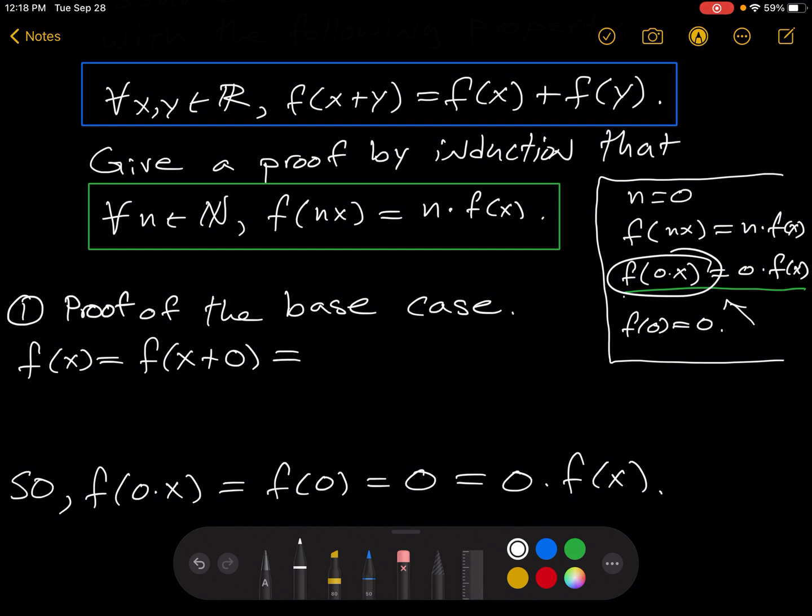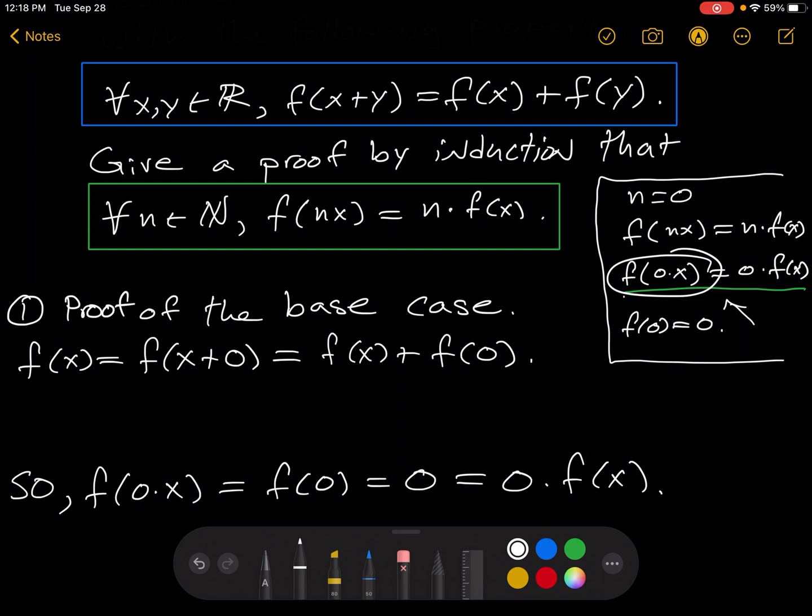Now using this property, notice the property is true for all x and y in the real numbers, so certainly y can be 0. So we know that this property works, so this is equal to f of x plus f of 0.